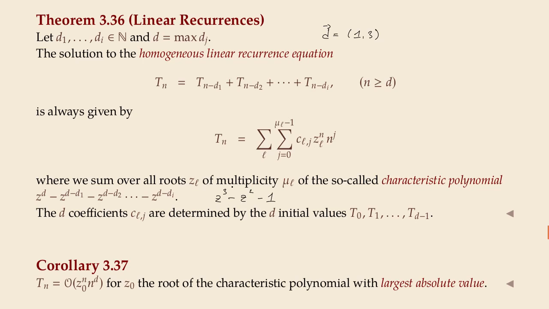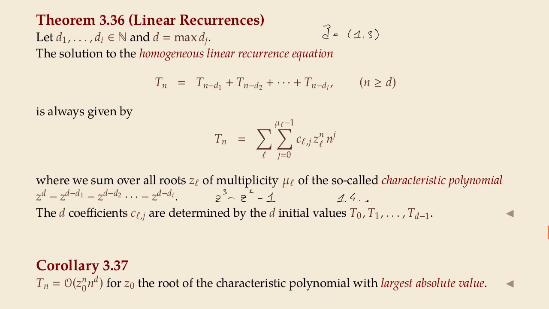Now these roots could be multiple roots, and in that case you also get a polynomial factor. For our applications, we will never encounter multiple roots that are dominant, and we will always have real roots. That's even something you can prove, that in our case you can't have imaginary roots that are dominant. What I mean by dominant is a root of largest absolute value, which in our case will be this 1.4.